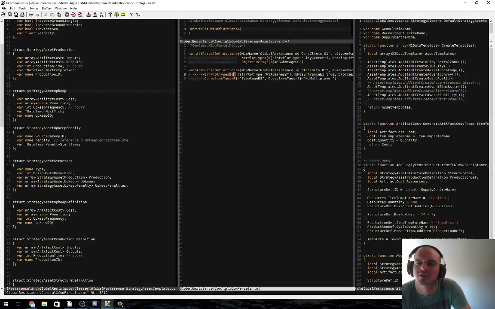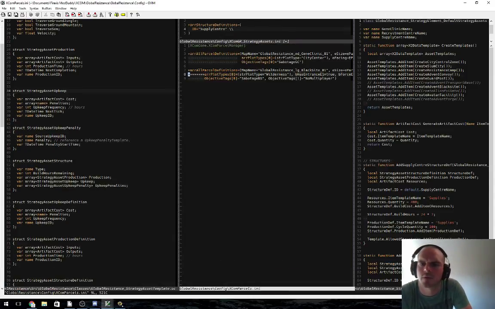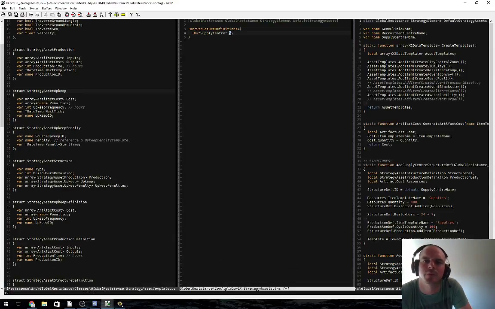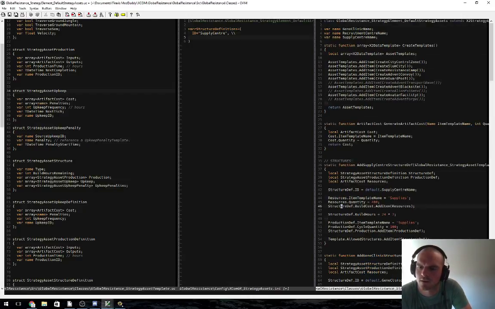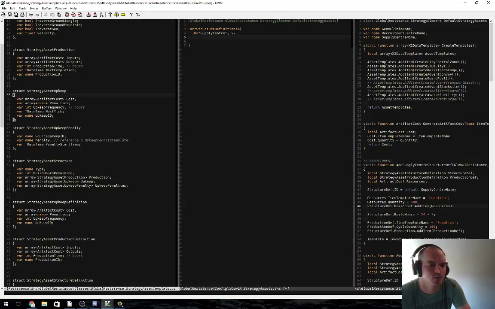Just having a brain drain at the moment, and I'm forgetting how these are structured, so I just wanted to grab it. Okay, so the ID. Let's call it a supply center. We're just going to set up our structure. So, what have we got?